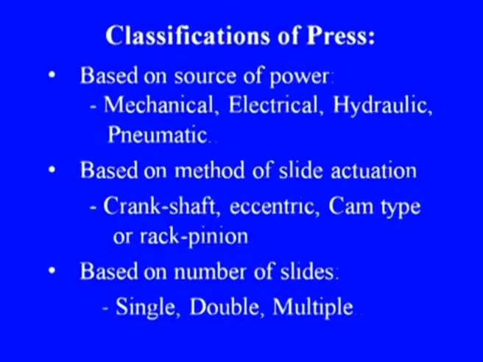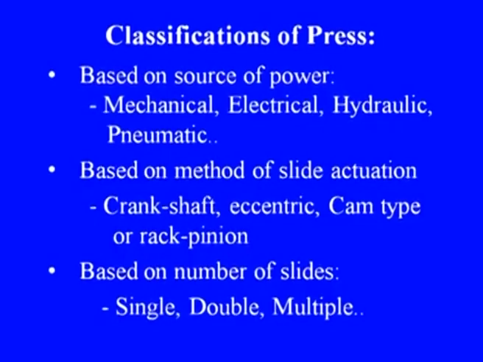Different types of presses are classified based on source of power, for example, mechanical, electrical, hydraulic, pneumatic, etc. They can also be classified based on method of slide actuation, for example, crankshaft, eccentric, cam type or rack and pinion type.